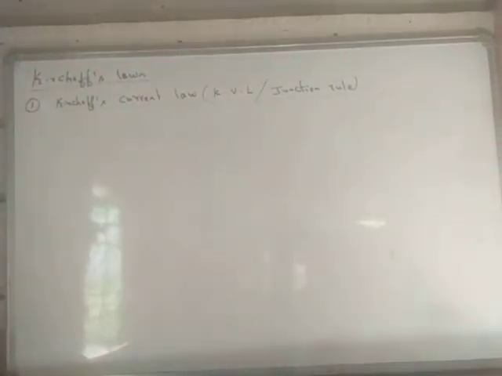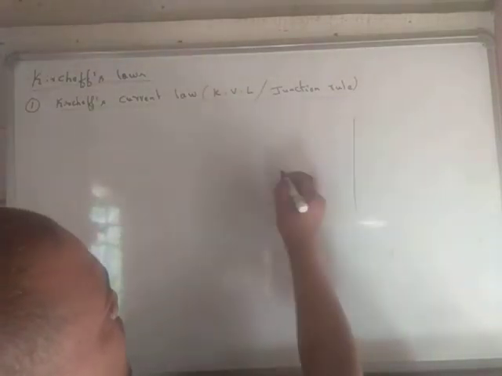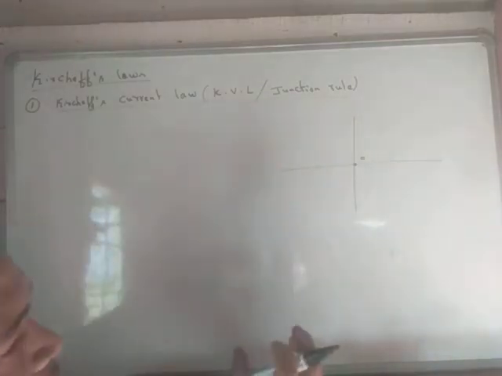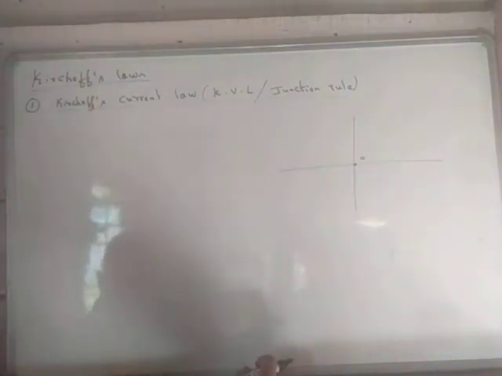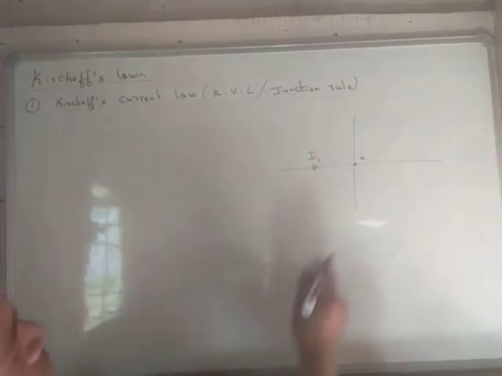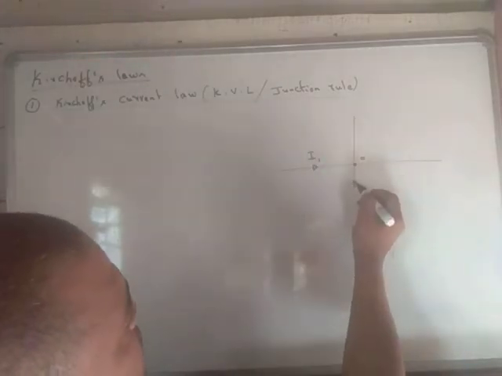Alright. So this law says that the algebraic sum of current meeting at a point or at a junction is equal to 0. For example, here let me consider 4 wires in this figure.